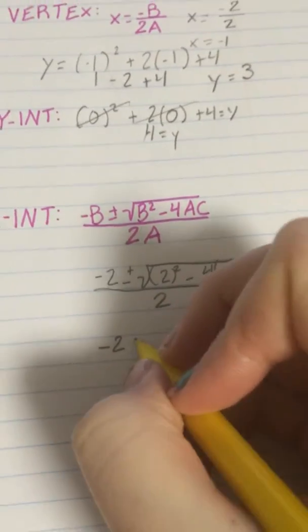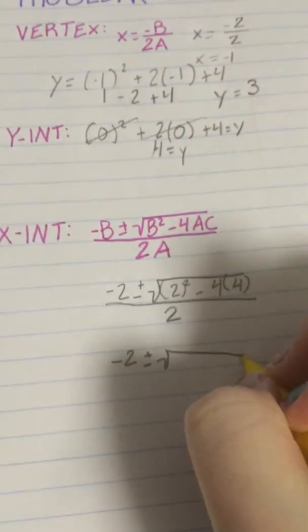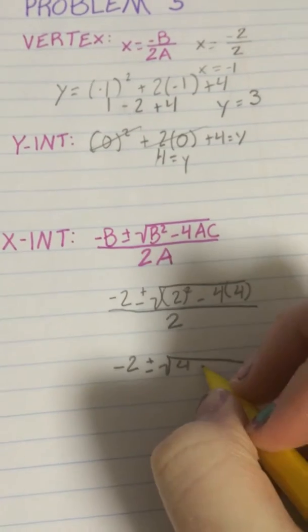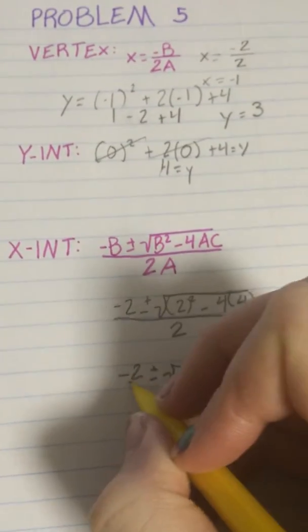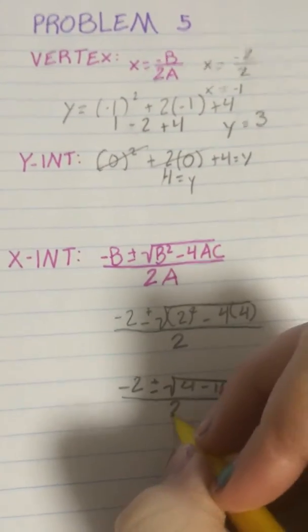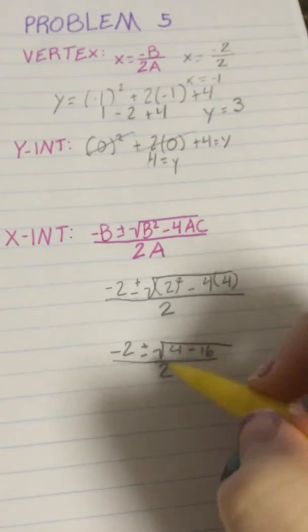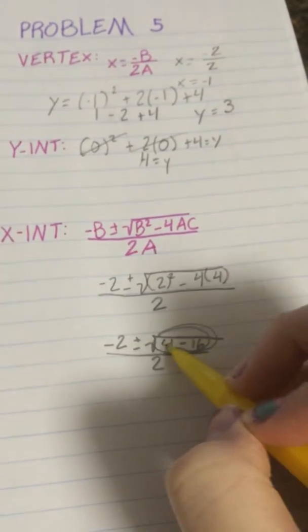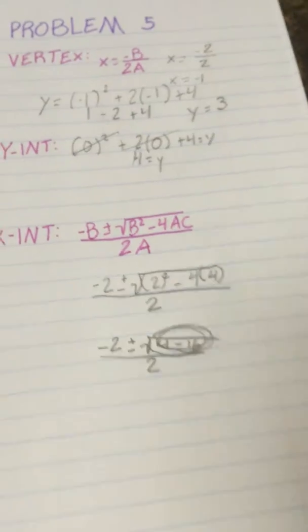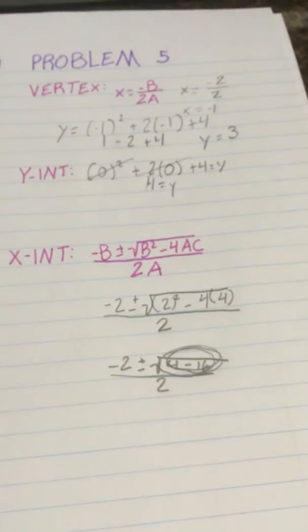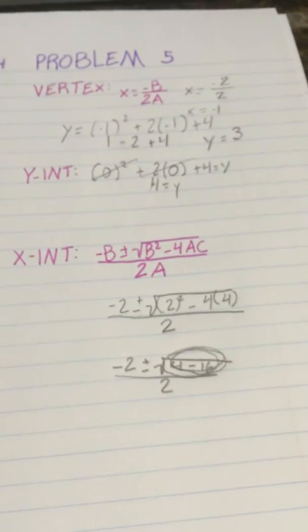Okay, so now we've got negative 2 plus or minus the square root of 4 minus 16, over 2. Now this right here, I'm going to tell you guys a shortcut way to figure out if there's an x-intercept.